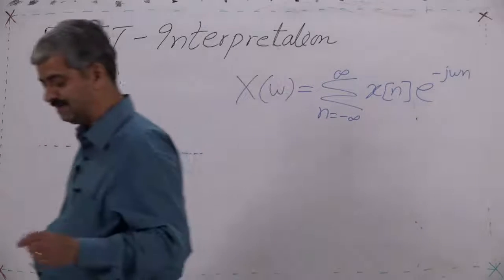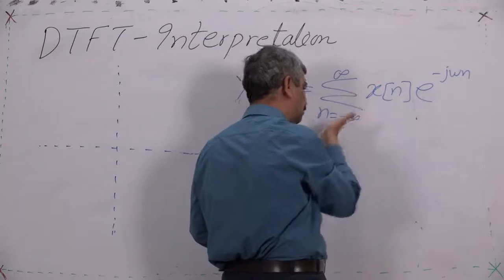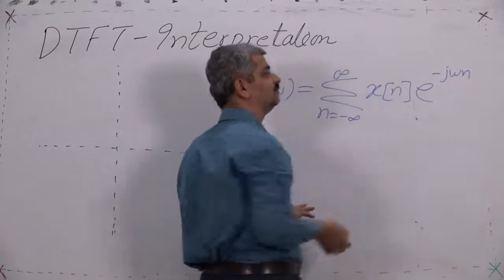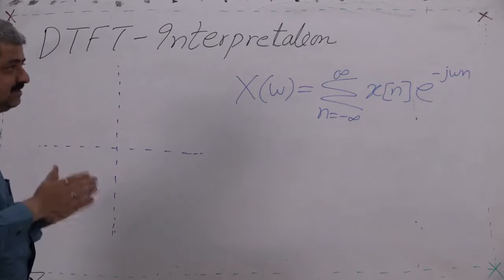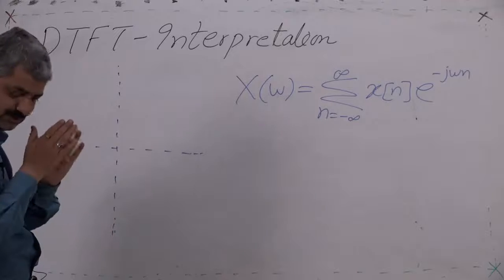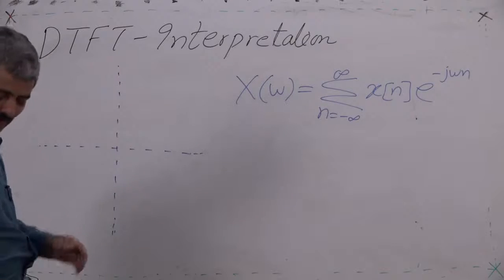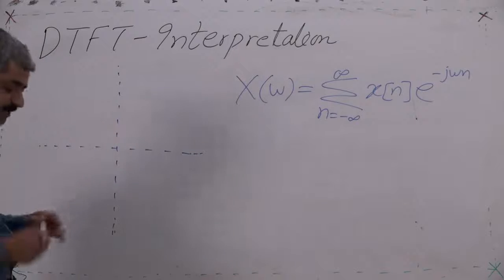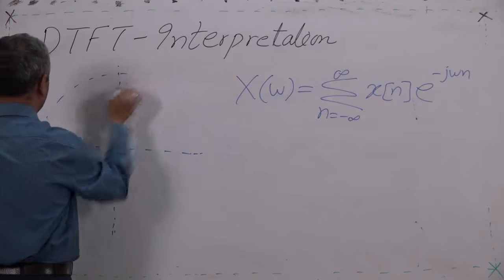Weights are there from n equal to 0 onwards, and also from n equal to minus infinity to 0. For every sequence element with a given index n, there is a weight we define as q[n], which is e raised to minus j omega n. But what is that weight? That weight is a simple point in the 2D plane. So that idea must be very clear.